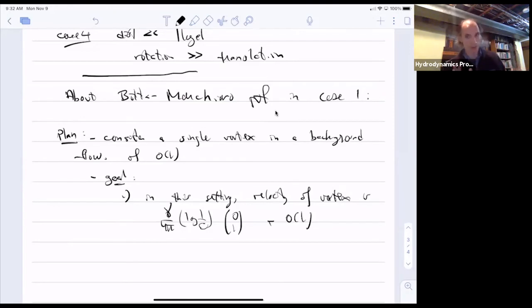So the background flow introduces a small perturbation that doesn't change the velocity much. We actually know how to do this. We can do this already.